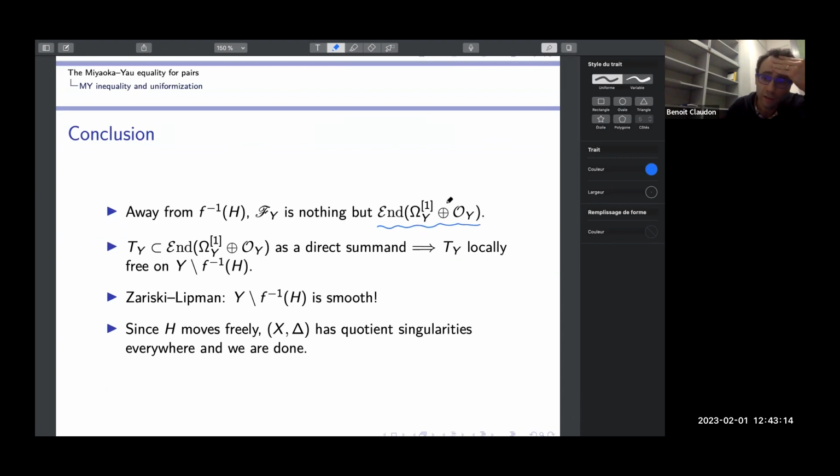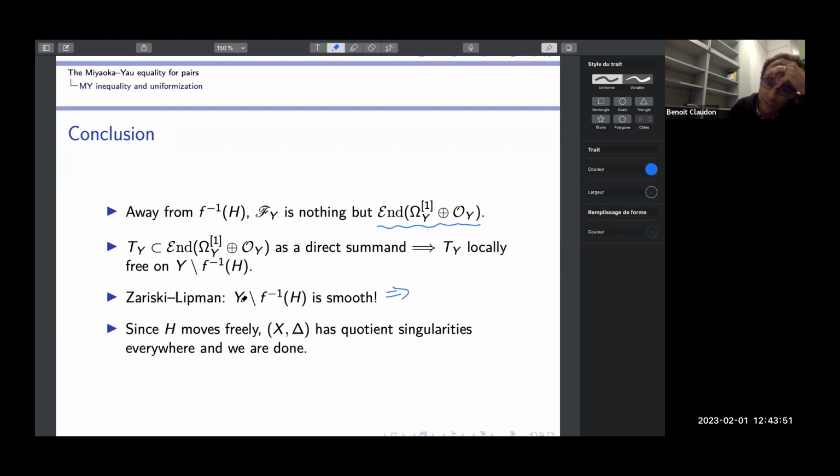So we get rid of the delta, and this is the usual endomorphism of the Higgs sheaf. And if you look at this, you see that T_Y is a direct summand of this endomorphism sheaf, and so it's also locally free away from this pullback of H. And by Zariski-Lipman, it exactly says that this open set is smooth.